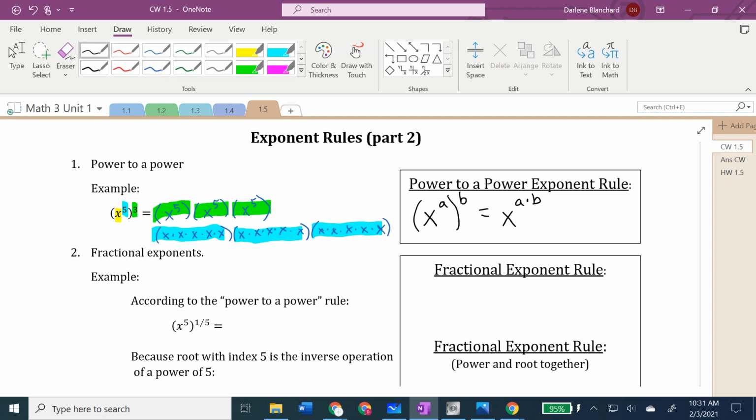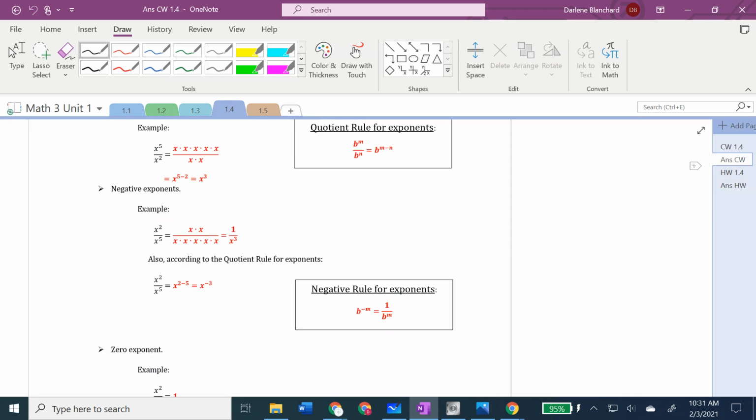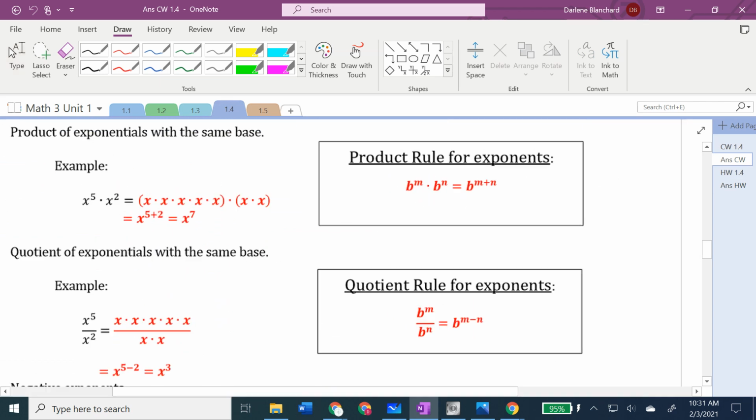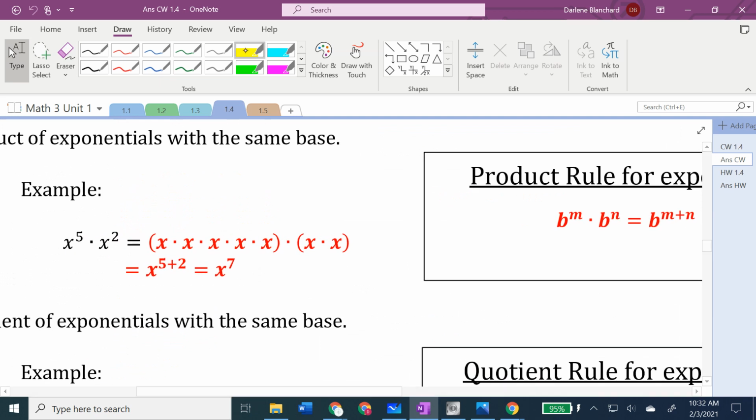The rule we learned yesterday, though, let me go over there. I want you to look at the difference when you have two separate x's that are multiplying, and you know how many there are of each, you're just getting one set of 5 x's, but your second set has only 2 x's.